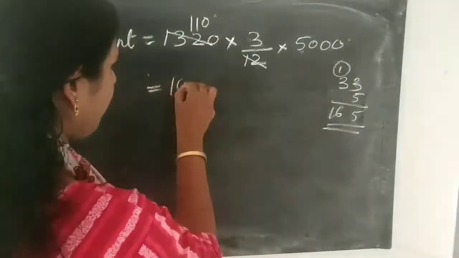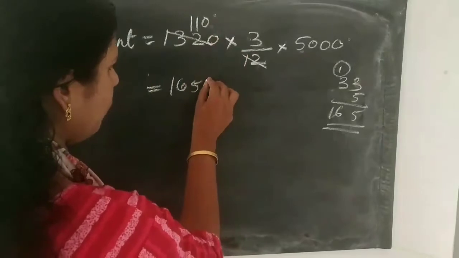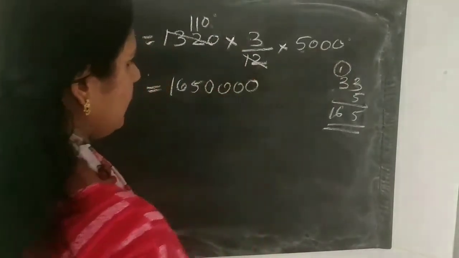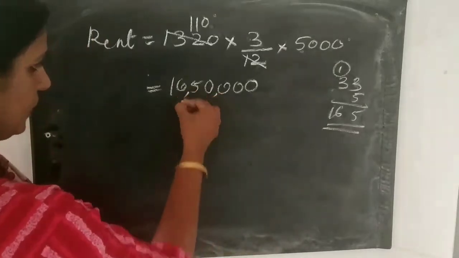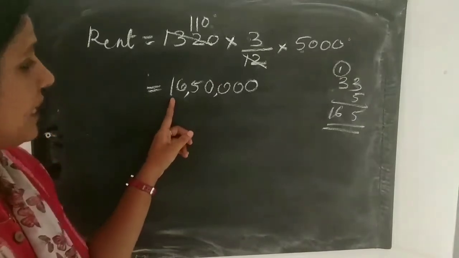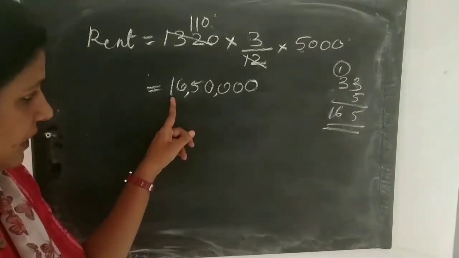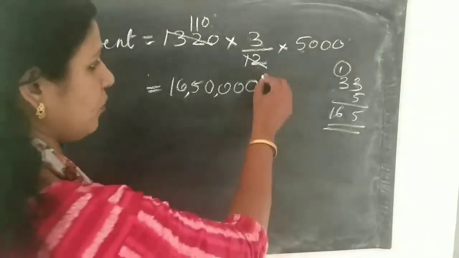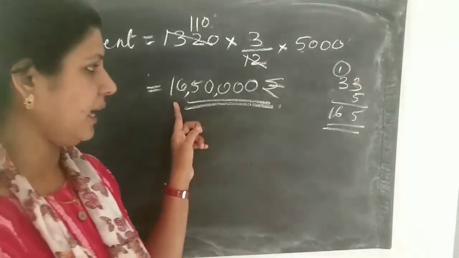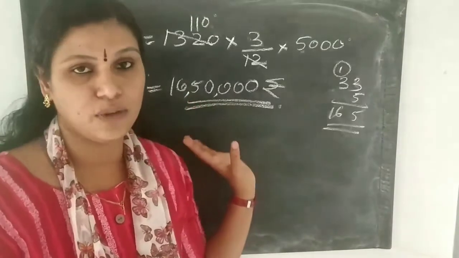So we get 165, and here the zeros. So we get 16 lakh 50,000 rupees.